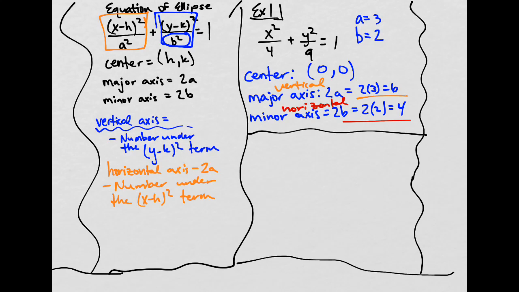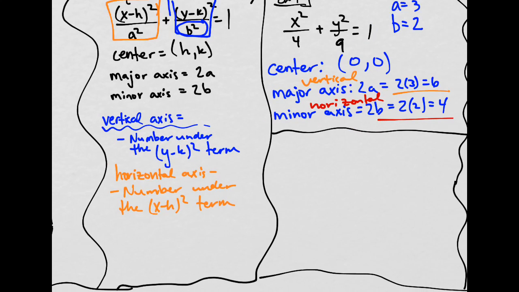So just ignore this part if you're going to look at it that way. It's whatever's under the Y minus K squared term. That's the vertical one because it goes with the Y. Whatever's under the Y is going to be the vertical axis. Whatever's under the X is going to be the horizontal axis.